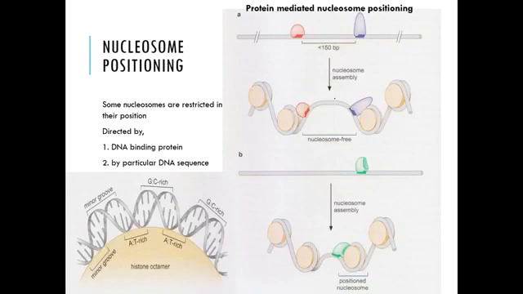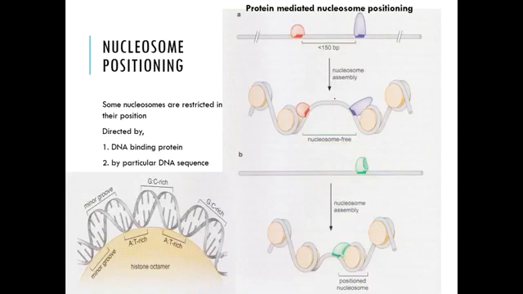So this is the first method of nucleosome positioning mediated by proteins. Here the protein binding prevents the formation of nucleosome.